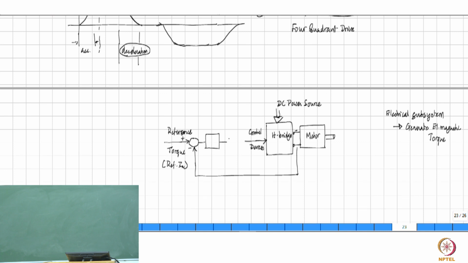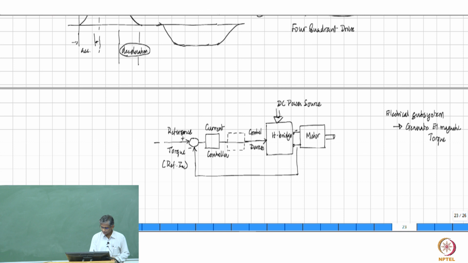That means you require more torque, and therefore it means that you need to apply more voltage to the motor, and this input needs to be given to the bridge. This is then a current controller. We need to put something else here. We will come to that a little later.